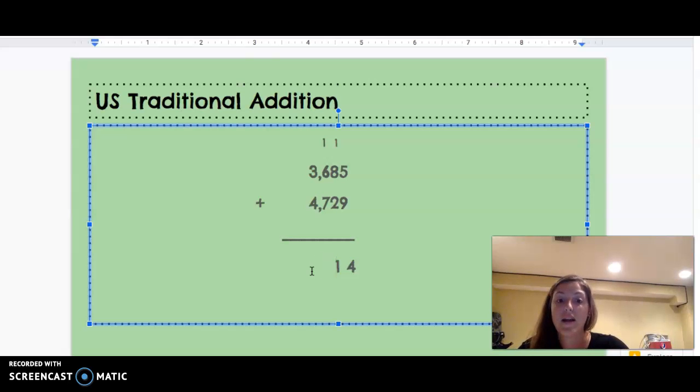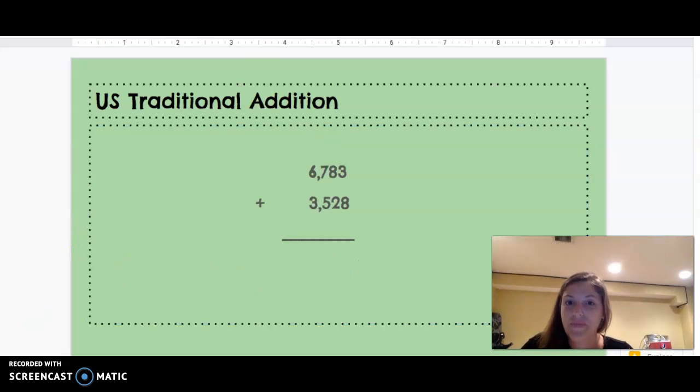So I'm going to put my 4 down. Carry up my 1. So now we're in our last place, the thousands place. 3,000 plus 4,000 plus 1,000. I know that 4,000 plus 3,000 is 7,000, plus another 1,000 would give me 8,000. So your answer here is 8,414.